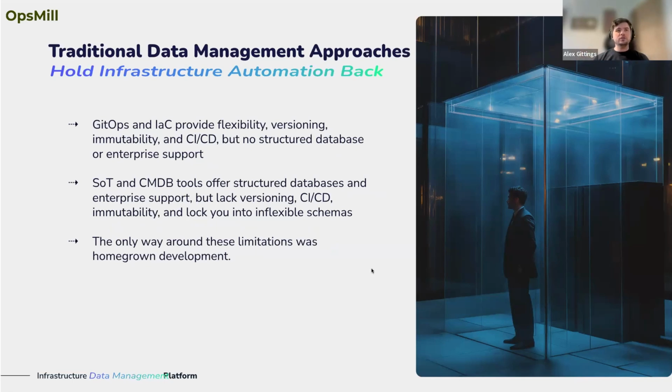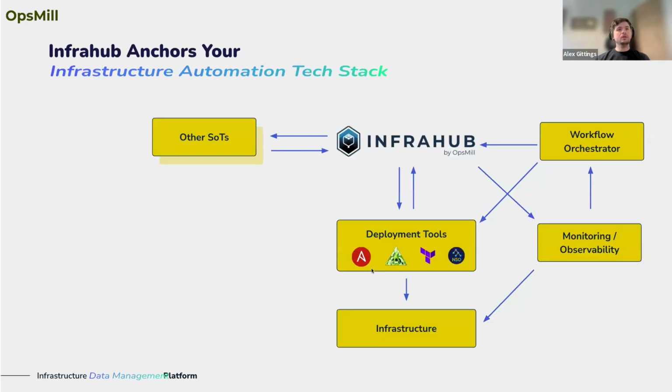GitOps and infrastructure as code provided flexibility in the past for network engineers, but there was no structured database. We had to provide workarounds or store some data in different tools. Source of Truth and CMDB tools offered structured data, but lacked flexibility. So Infrahub is really that data platform that everything can talk to, and everything is version controlled within Infrahub as well.